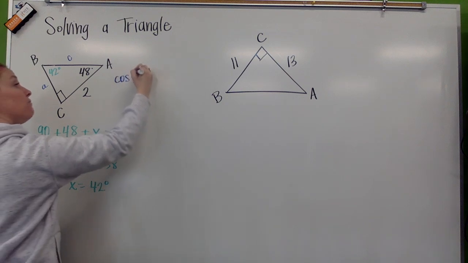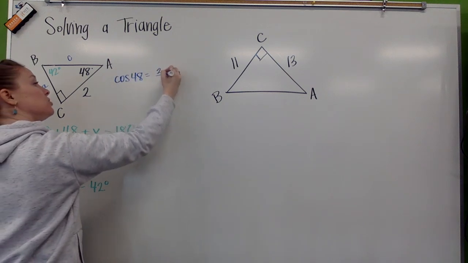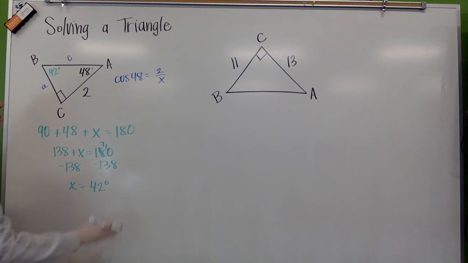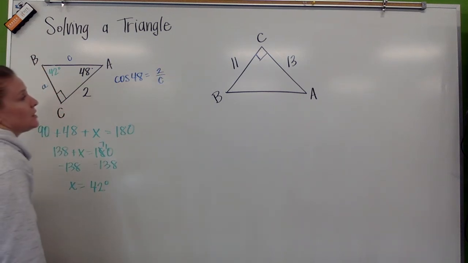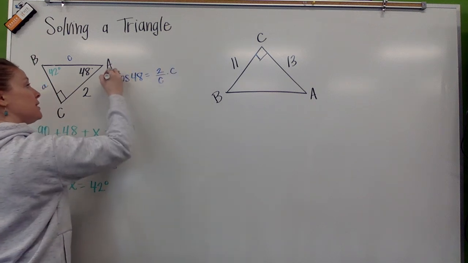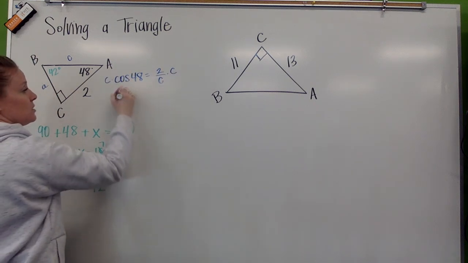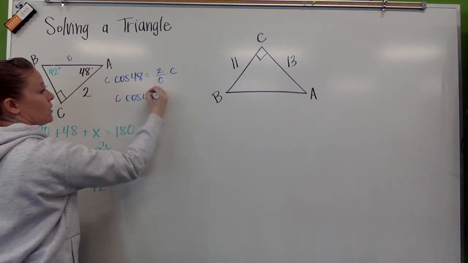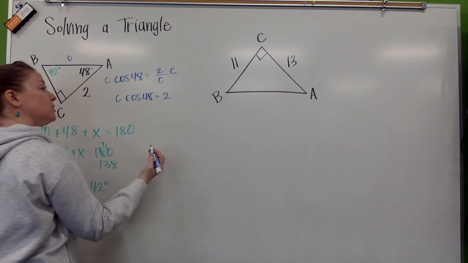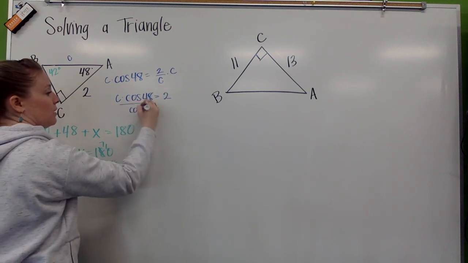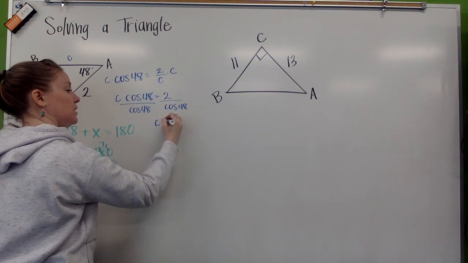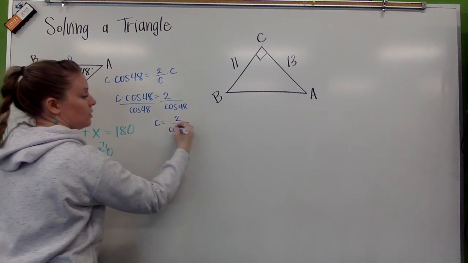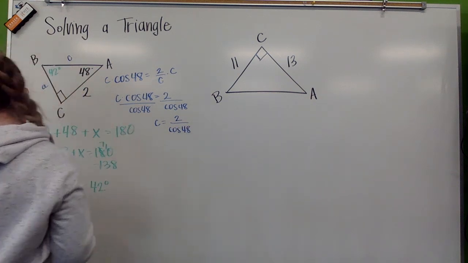So the cosine of 48 degrees equals 2 over c. Sorry, we called that c. Then I'm going to isolate the c, so multiply both sides by c. So c times the cosine of 48 equals 2. Then I'm going to divide by the cosine of 48, so c equals 2 over the cosine of 48.